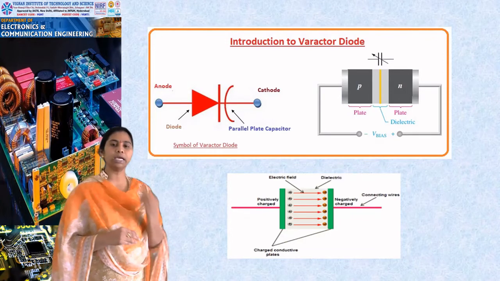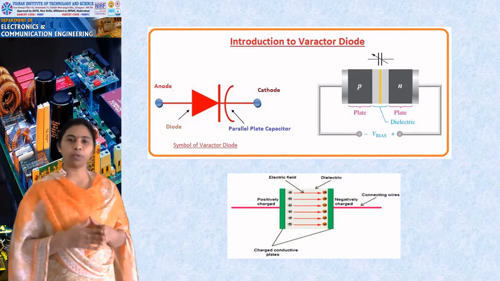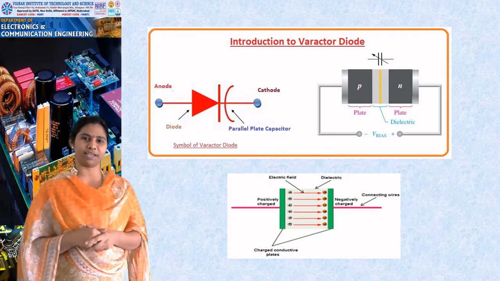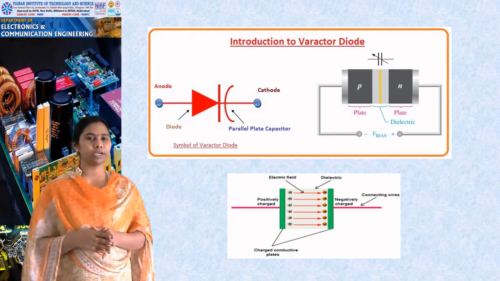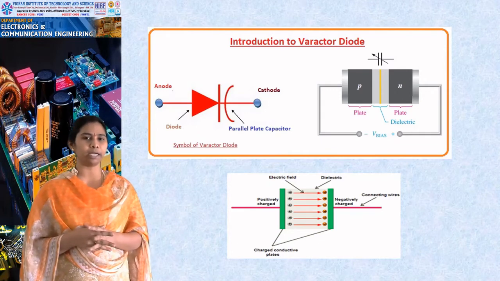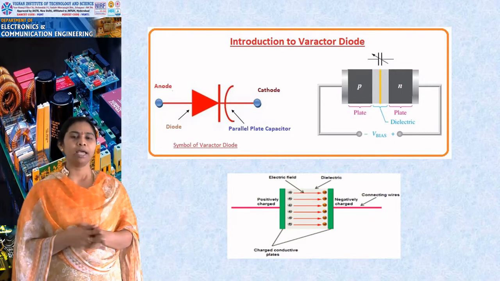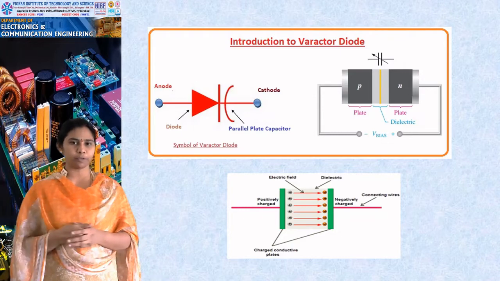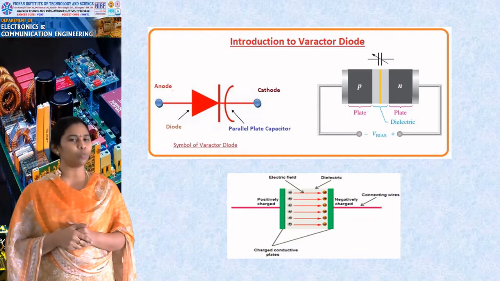You will use it in many radio frequency circuits, like radios, where you are tuning to different stations. In all tuning circuits, when you want to tune to a particular frequency, F is inversely proportional to the square root of LC. That means F is proportional to 1 by root LC.